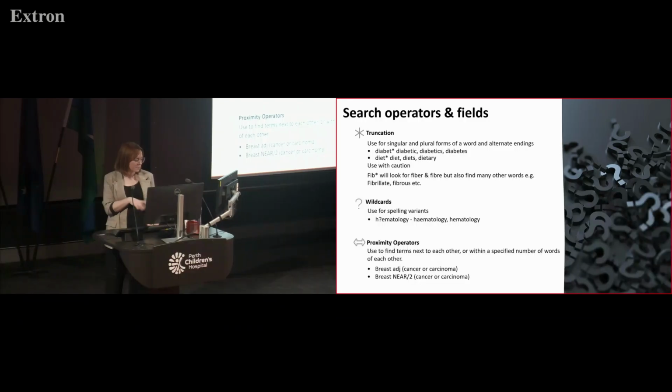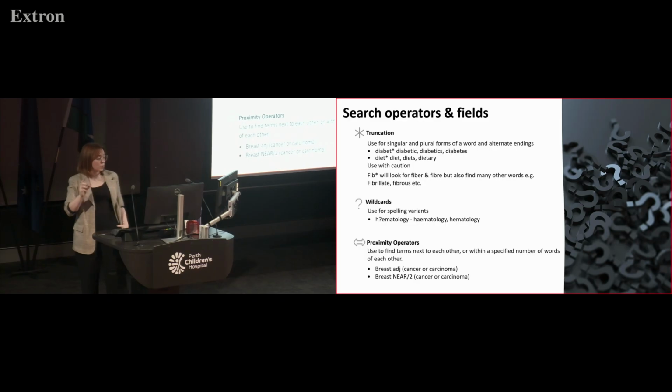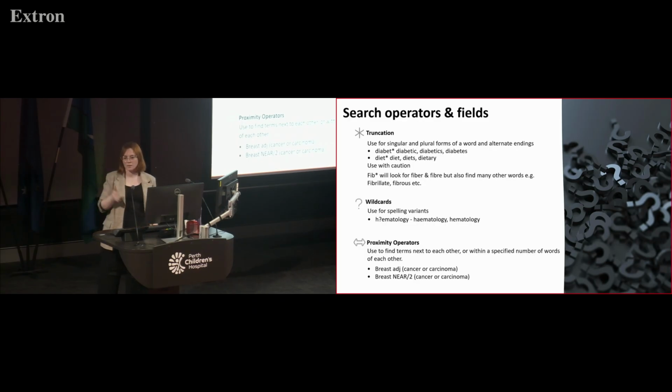I've got the Web of Science version as well, breast near to cancer or carcinoma, and what that's saying is find breast within 2 words of cancer or carcinoma, and it can also be in either order. So basically it could find cancer of the breast as well as breast cancer.